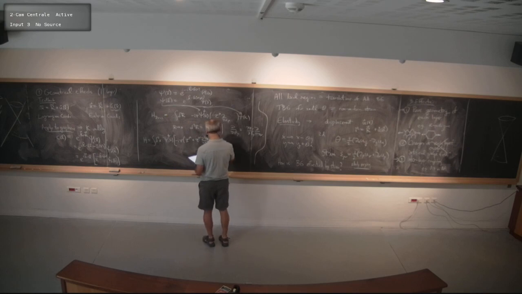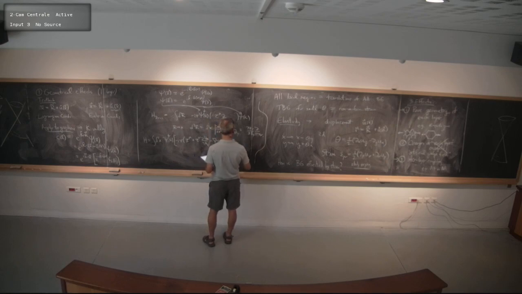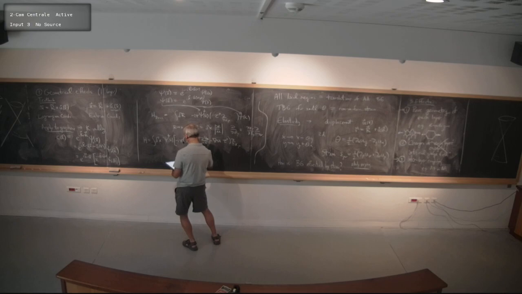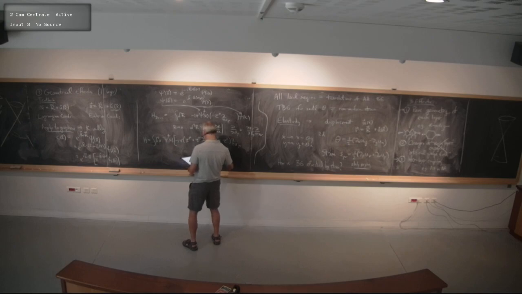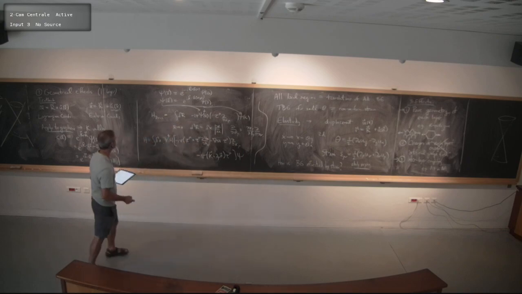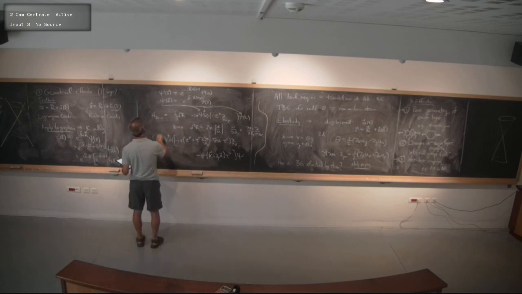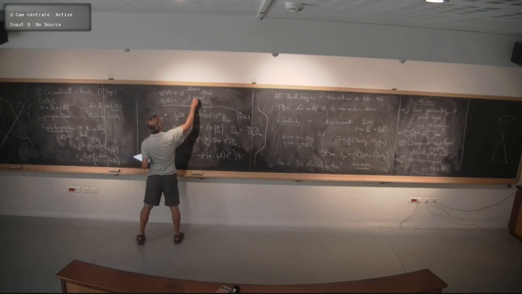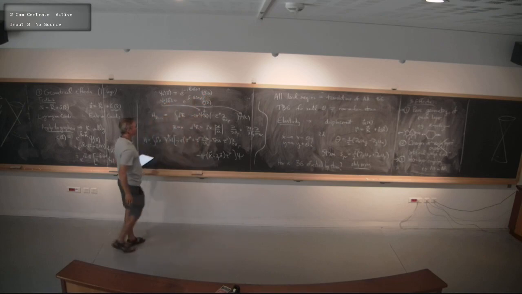Del dot u tau mu d by dx mu, minus v, k dot d mu u tau mu psi. I guess I put a plus. All these things have a plus, because they're the right-handed Dirac point.